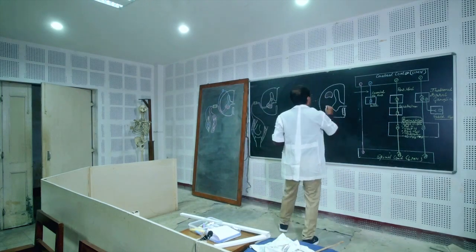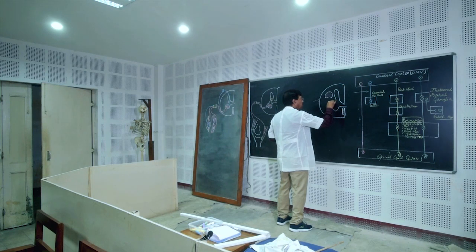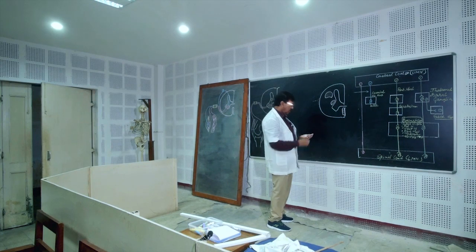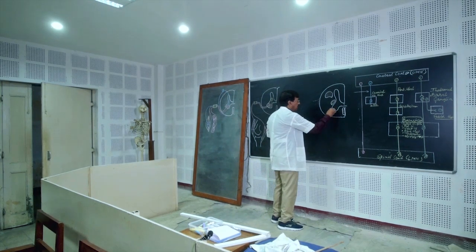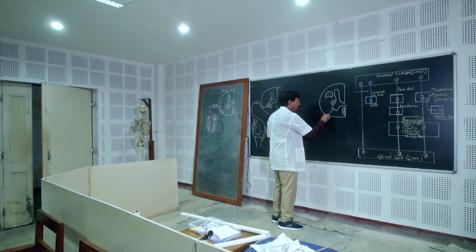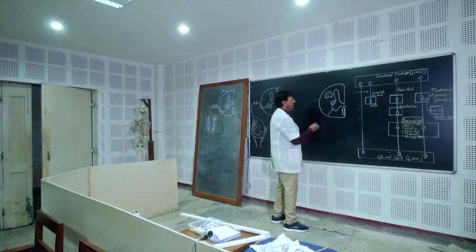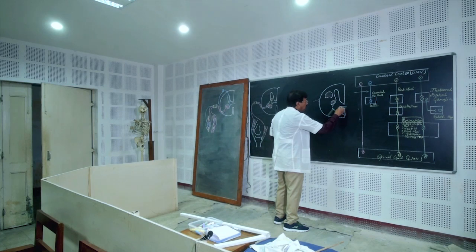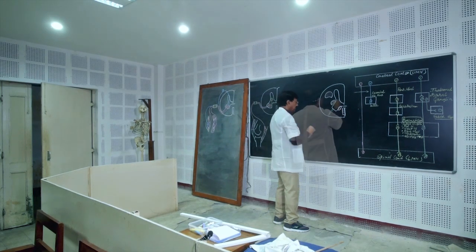The lateral reticulospinal tract is situated just lateral to the anterior horn, in the lateral white column. And the medial reticulospinal tract lies medial to the anterior grey column. So the medial reticulospinal tract is here, and this is the lateral reticulospinal tract.